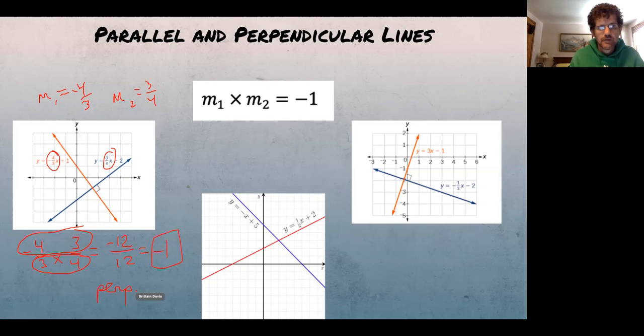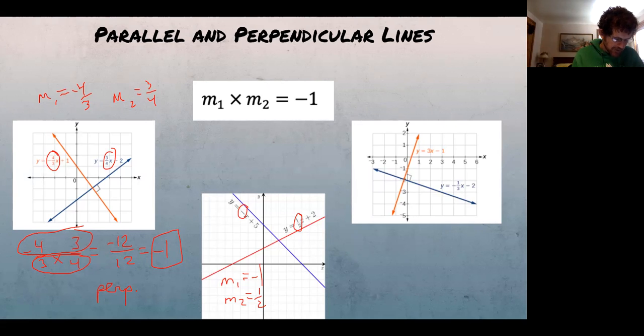All right. The next one, now if we look at the next one, you probably already are seeing that it doesn't look perpendicular, but we can verify whether it is or not. So my first slope is going to be that when you just see the -x, remember there's always an invisible 1 out in front. So that's -1 for the slope. My second one is right here, 1/2.